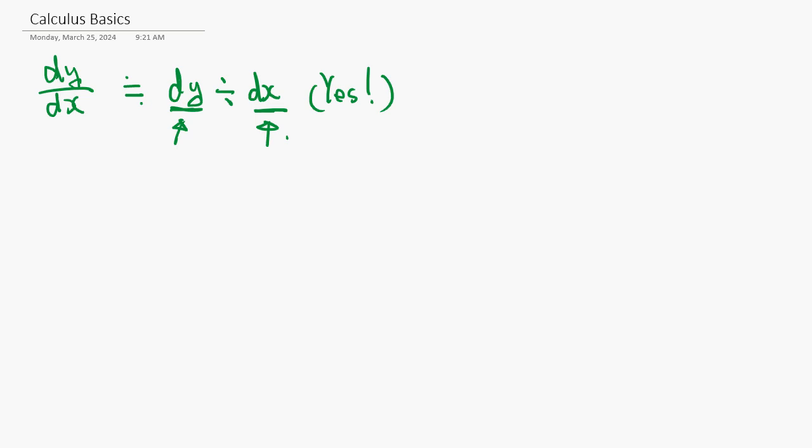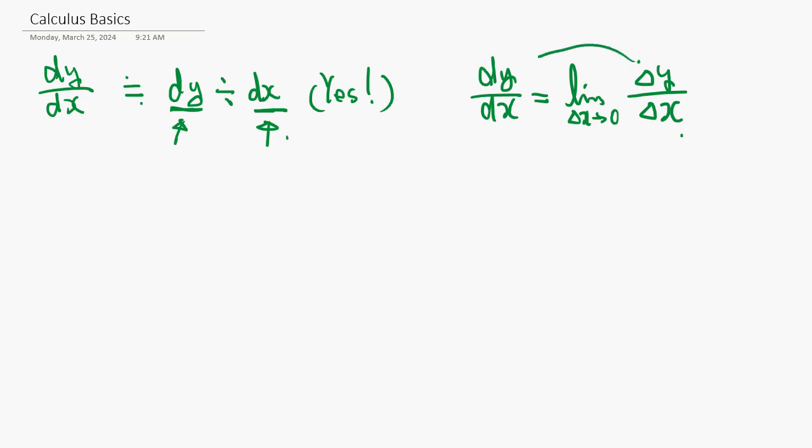And you can divide. And in the derivative function, delta x goes to 0, dy, dx, what is related to this and this and this and this? A lot of students don't have a clear understanding of this.